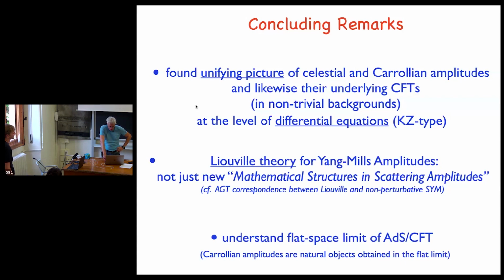We don't see a celestial torus, so to say, or higher genus surfaces, but it might be. I think it might also be that this genus expansion in string theory is not really the right way to look at it.